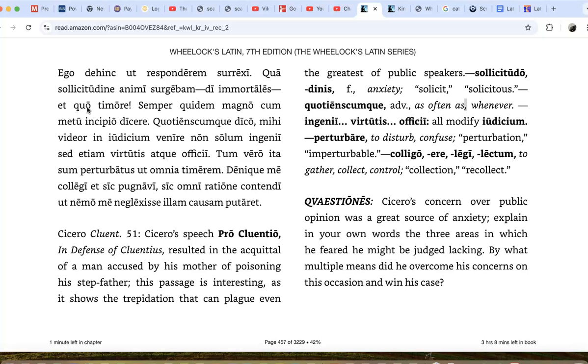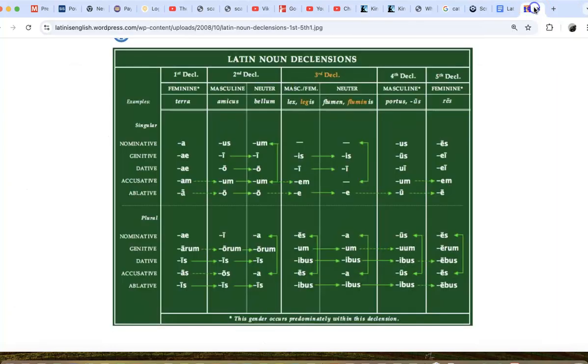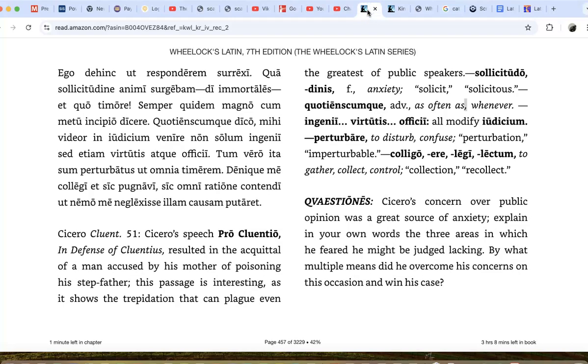Here we have the second declension ablative singular quo, and then another word, timore, which is third declension ablative singular -e. So this is a good passage for reviewing our ablative, which is the tricky case, I think, in Latin. So here's our quo timore. Now how to translate that? Oftentimes it's by, with, from.